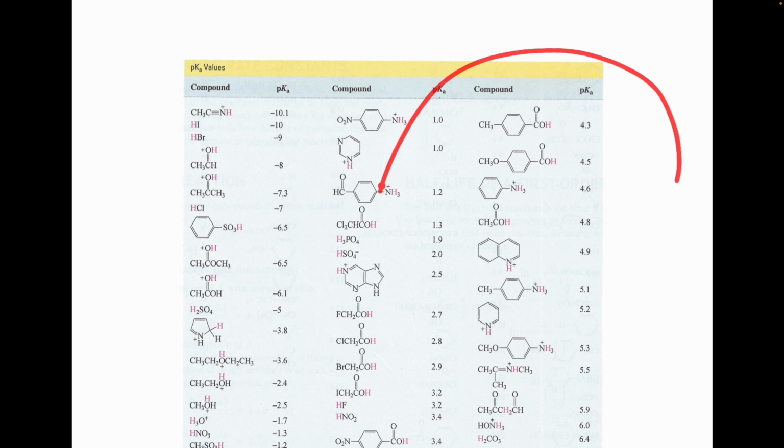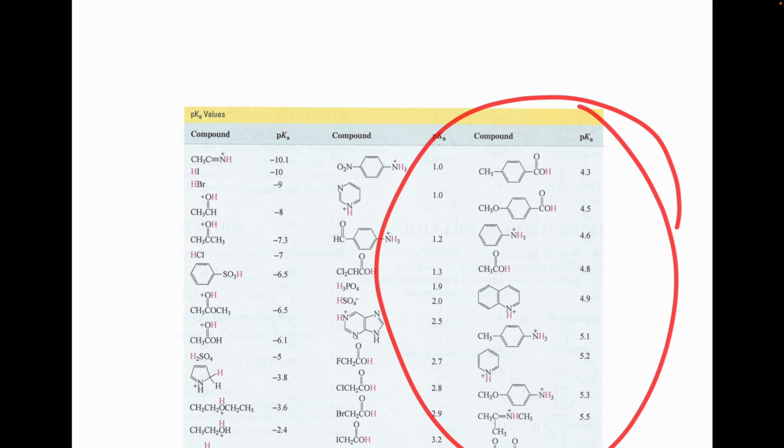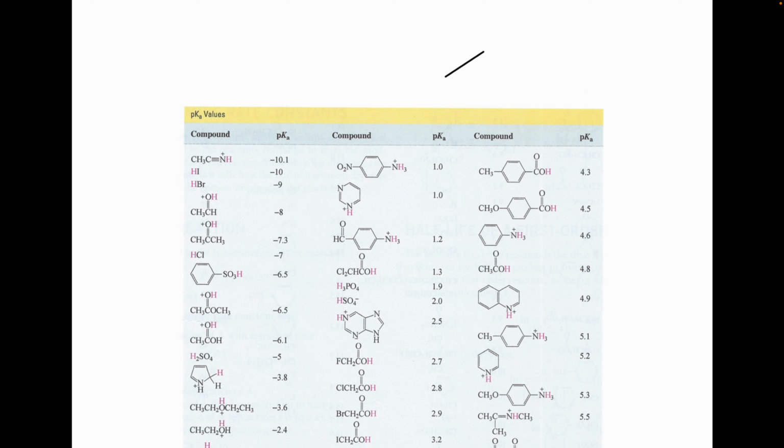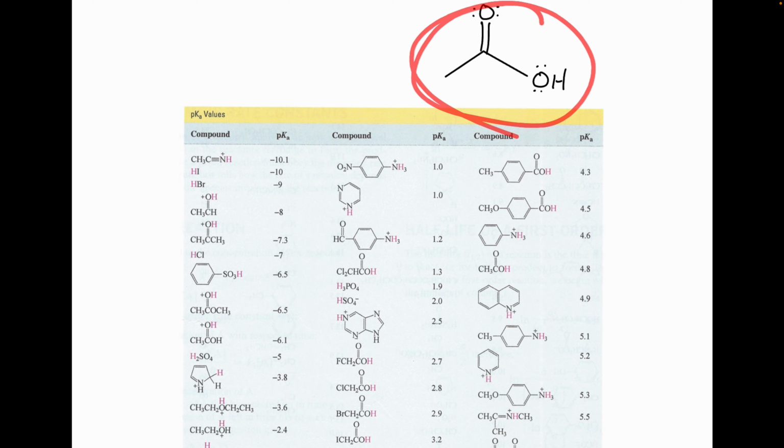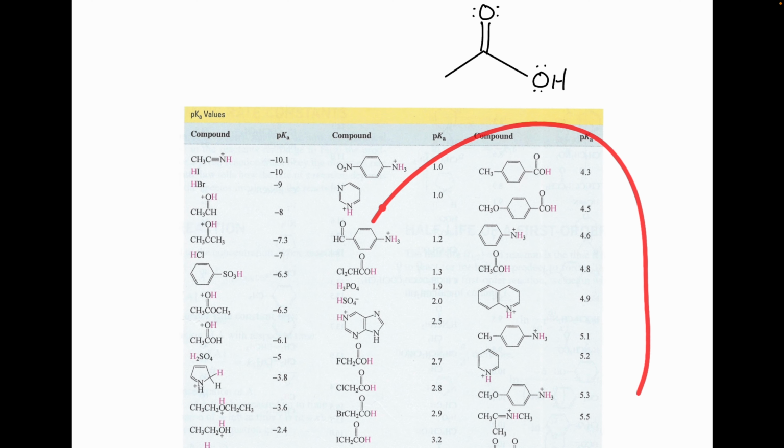You're going to be looking somewhere over here, and you're going to try to find the pKa value of our acetic acid. So reading this table, remember we talked about reading these condensed structures. We drew out our bond line structure here, and we need to be able to find the condensed structure on this table. Again, for the sake of time, I'm going to tell you, you're going to look over here somewhere, but everybody take a second and find what the pKa for our acetic acid is.